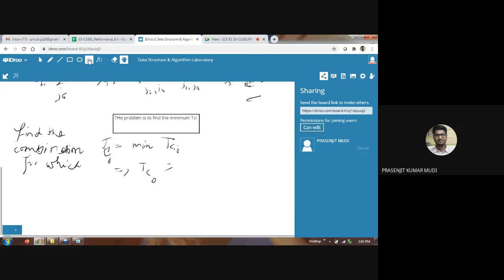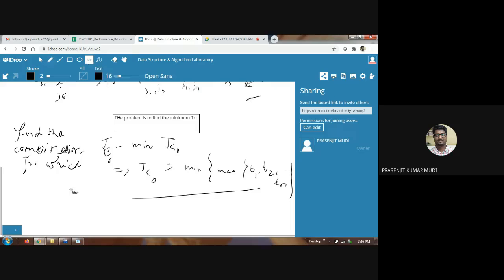So it's a combinatorial optimization problem. TCO is equal to the min of max of T1, T2, ... Tn. So this is the formulation.